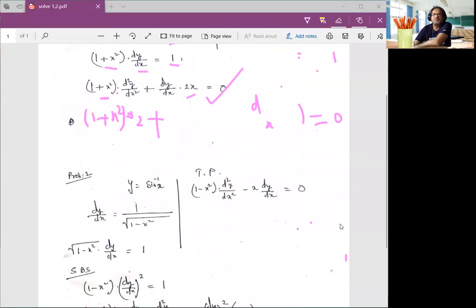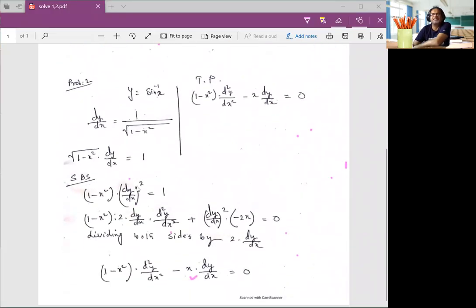Now here is the second problem. Problem number 2. Now this is a problem on sine inverse x. Now you should understand what is the derivative of sine inverse x. So y when differentiated gives 1 by root over 1 minus x square. This is the first derivative.